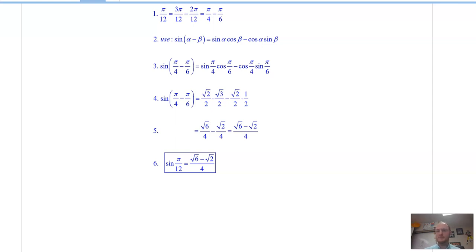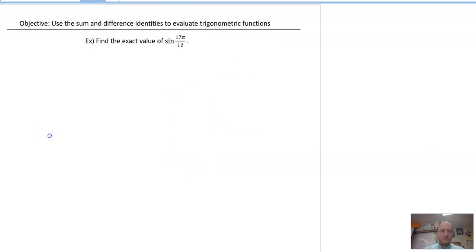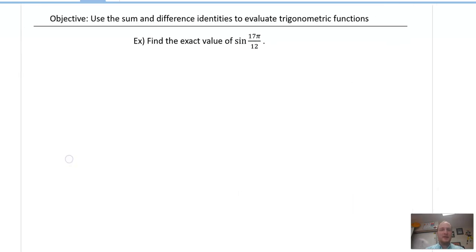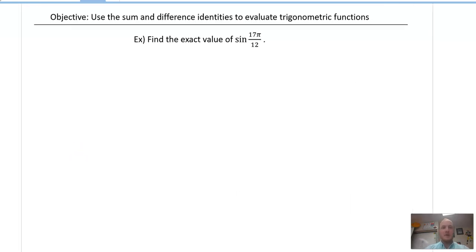All right. Now let's go ahead and look at a different angle. So here we have 17 pi over 12. I want to come up with an angle that can make 17 pi over 12.